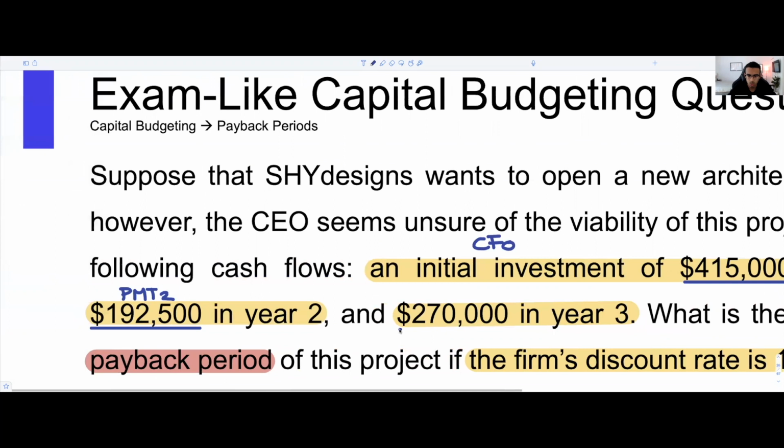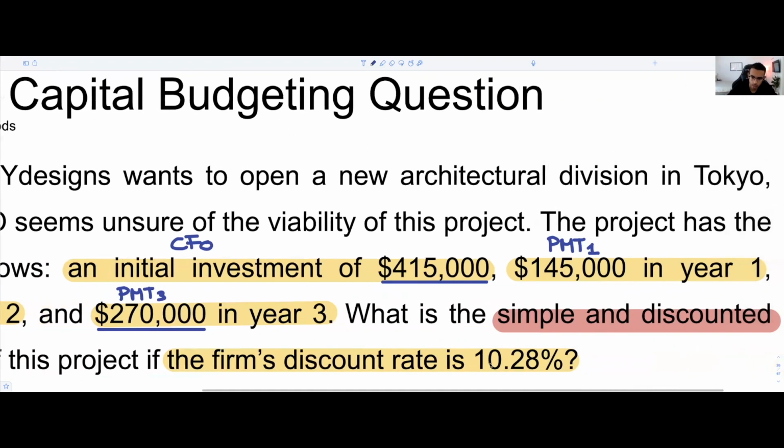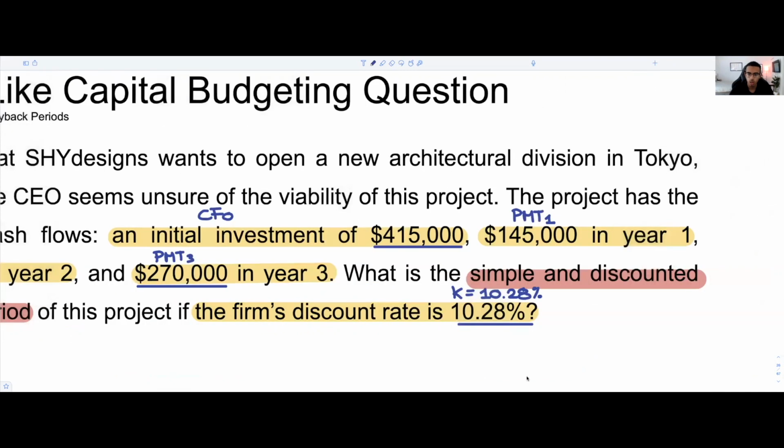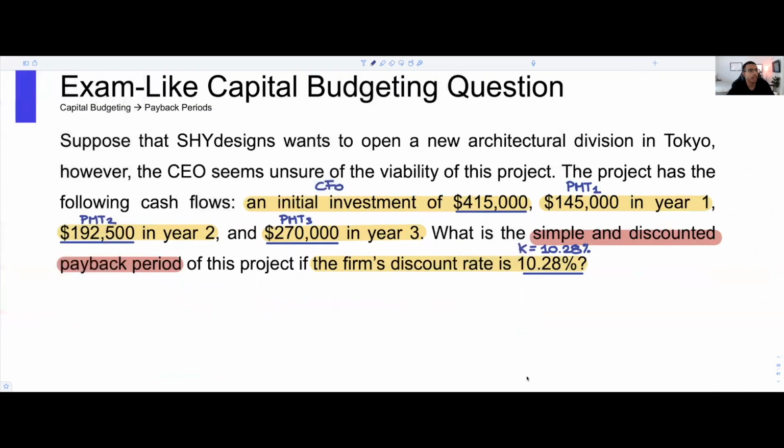And then, of course, $270,000 here will be our payment at year 3. Basic stuff. And then finally, our discount rate is 10.28%. So we know our K is equal to 10.28%. So that's awesome. We already have a few little pieces of information that could help us.